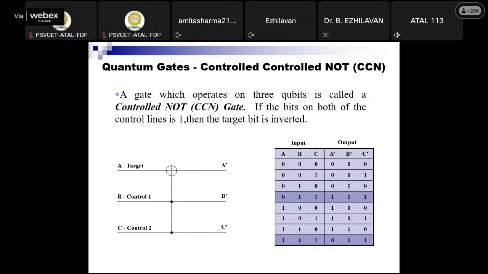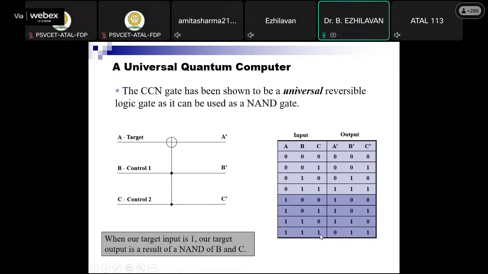Similarly, here we have 3 qubits. What will happen here? If the 2 control lines are 1, then this target will be inverted. See here, for this B and C are 1, then A is 0, so it will be inverted to 1. Similarly, B and C are 1, A is 1, so it will be inverted to 0. This is the operation performed. Okay.